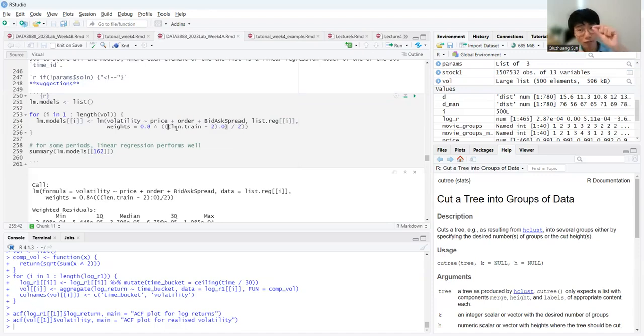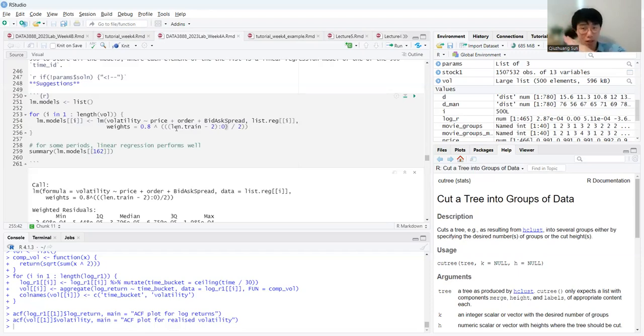And if it is time 15, then we have one lag, right? The most recent one is 16. If it is 15, then the weight is 0.8, from 1 to 0.8. Now if I am at time 14, then it's two lags: 16, 15, 14. Now the weight becomes 0.8 to the power of 2, 0.8 squared, 0.64, something like this.